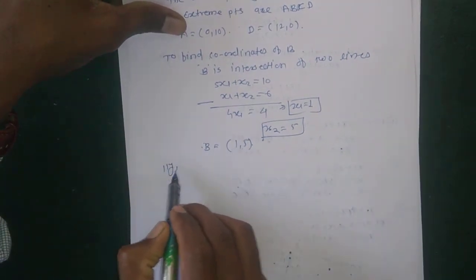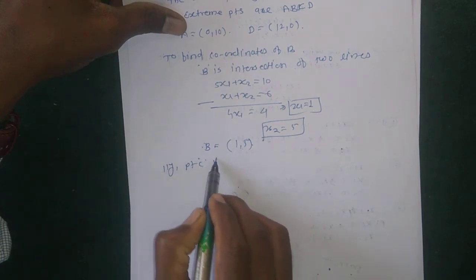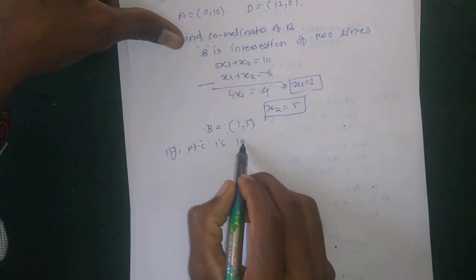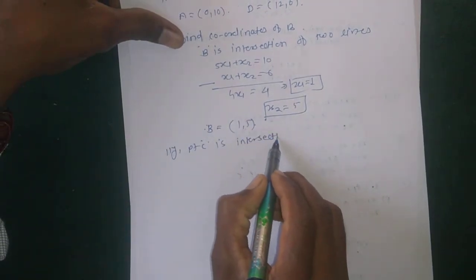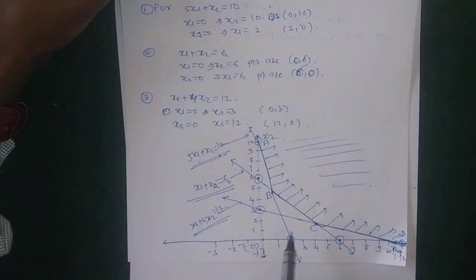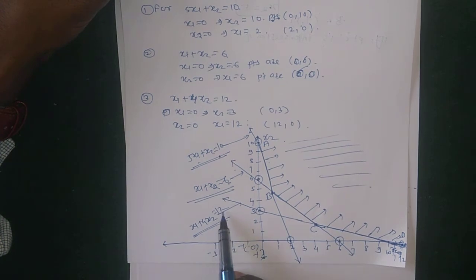Similarly, point C is the intersection of two lines, x1 plus 4x2 equal to 12 and x1 plus x2 equal to 6.